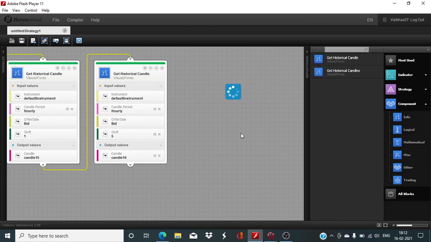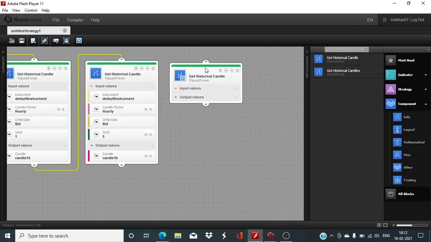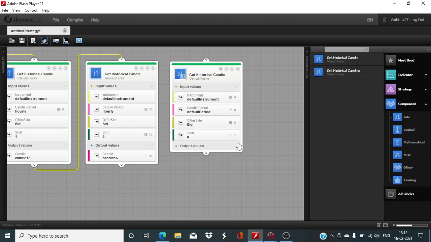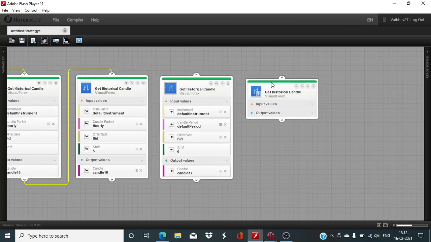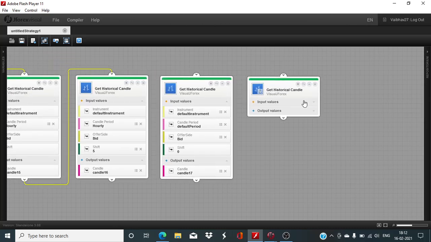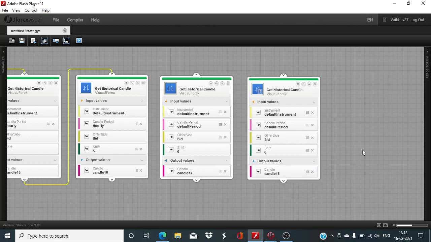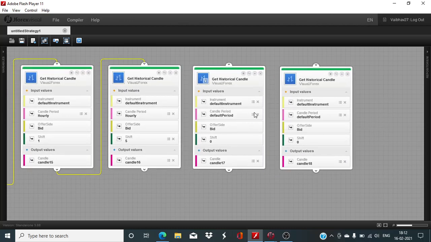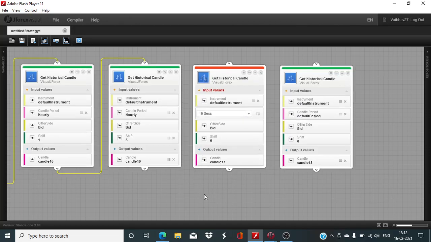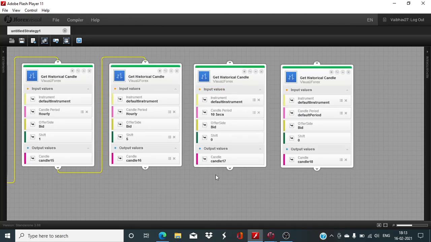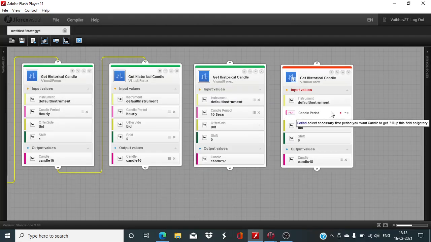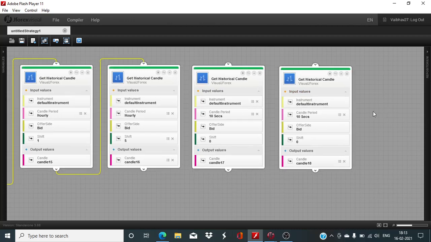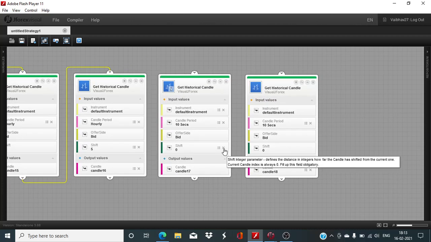And then to pinpoint the exact entry and exit points, I will also need to take two historical candles of 10 seconds each. Shift 1 and shift 2.